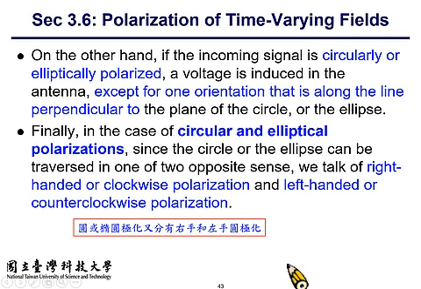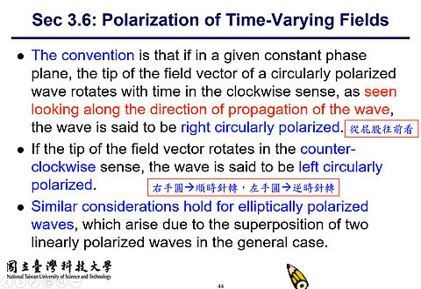And what is the difference? Well, let me follow the description in the slides. All right. The convention of right hand and left hand is determined by the rotating tip of the electrical field.